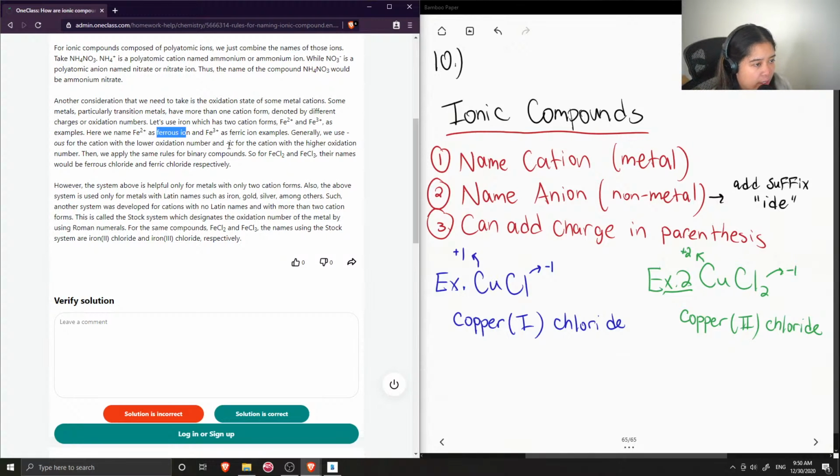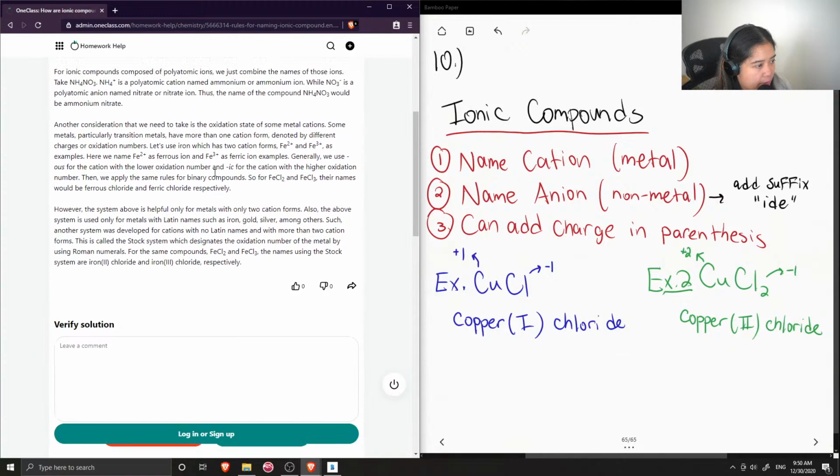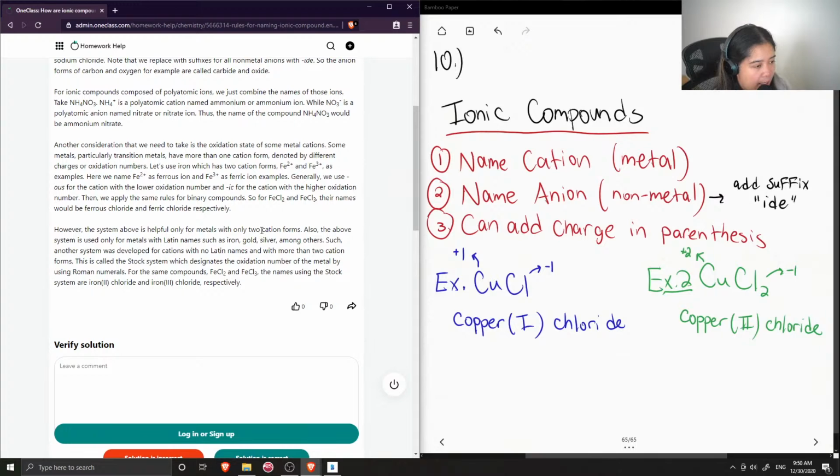Fe3+ is the ferric ion. Generally, we use "ous" for the cation with the lower oxidation number and "ic" for the cation with the higher oxidation number. And then we apply the same rules for binary compounds. However, the system above is helpful only for metals with 2 cation forms.